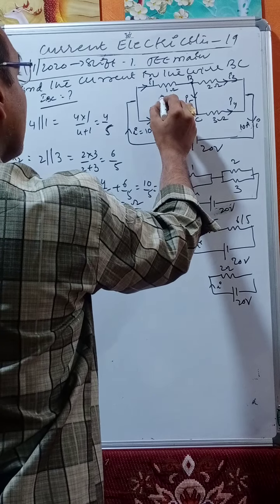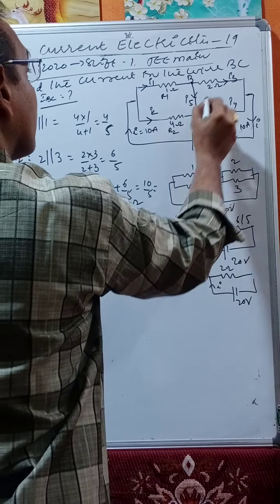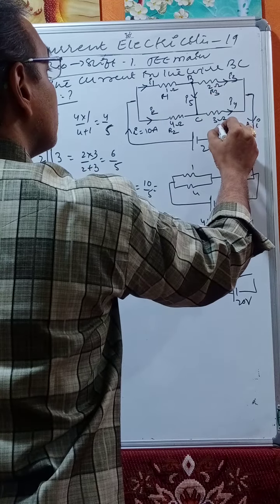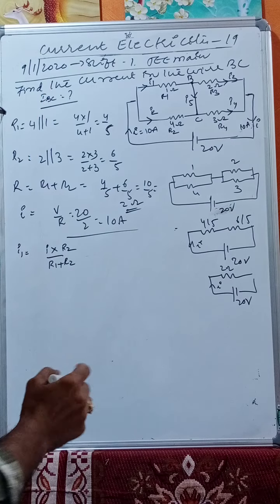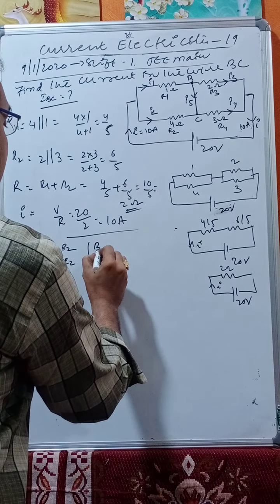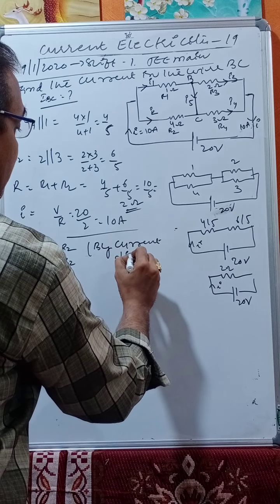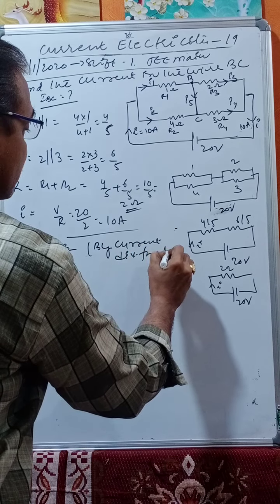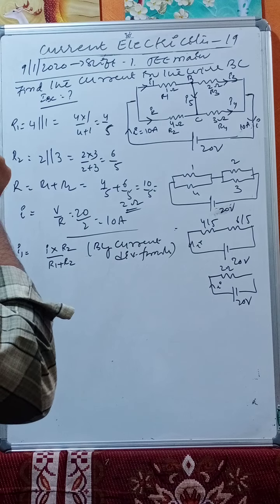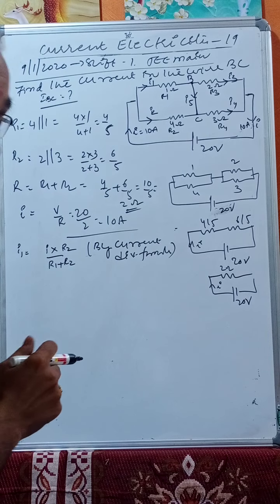Let us take it as R1, R2, R3, R4, by the current division formula, which we discussed many times. I1 is equal to I into R2 by R1 plus R2.